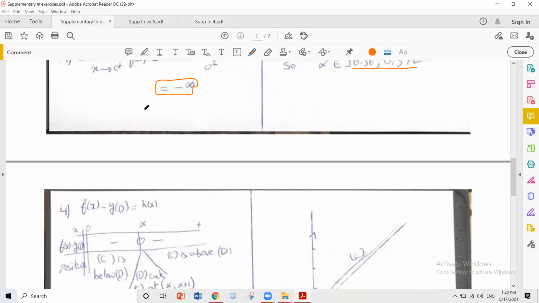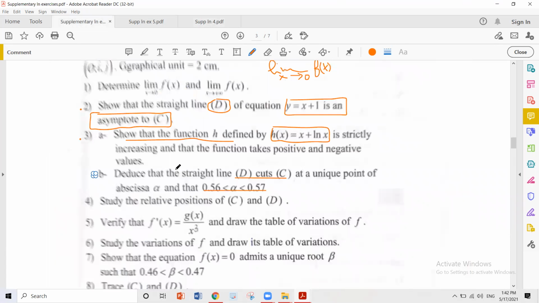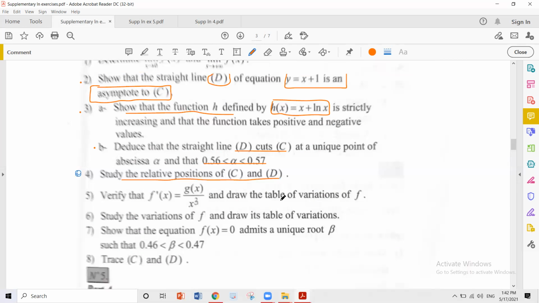Now part 4, study the relative positions of C and D. To study the relative positions of C and D, we know that f(x) minus y_D equal to 0 at x equal alpha.